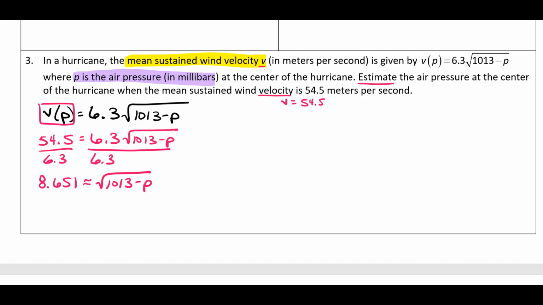Now, once we have the radical isolated, we're going to undo the root with a power. So because this is a square root, we need a square. And we have to do the same thing to the other side. Okay, so on the left side here, hopefully you've kept that number in your calculator.